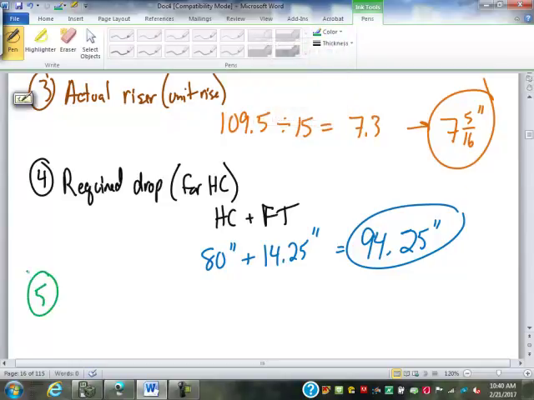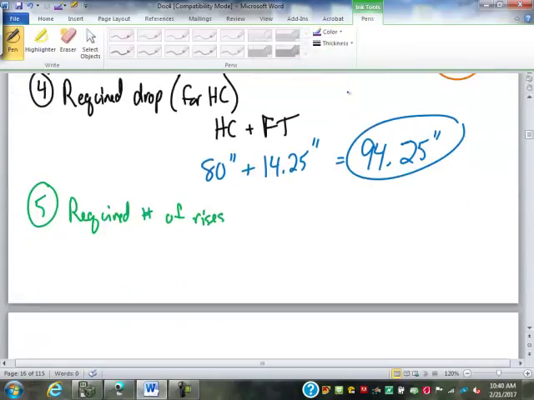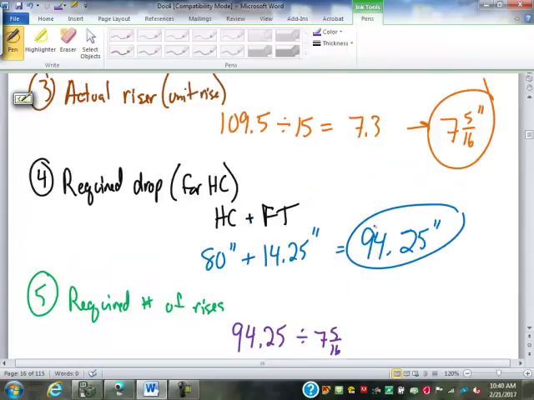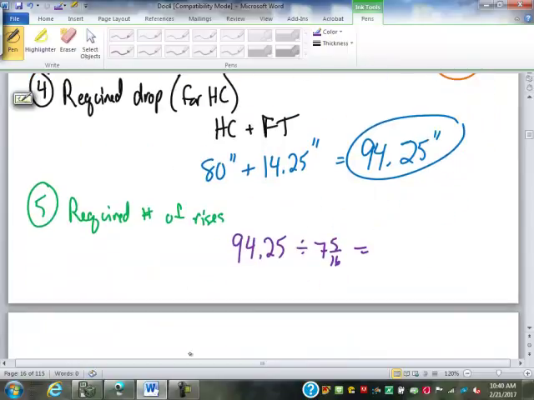Next step. Required number of rises. How do we find the required number of rises? Careful. Required drop divided by unit rise. So 7 and 5/16. Right. So 94.25.